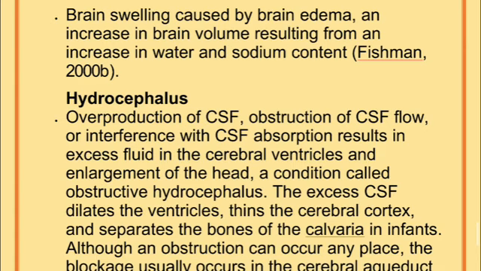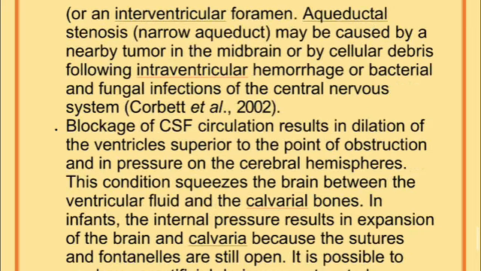Although an obstruction can occur at any time, the blockage usually occurs in the cerebral aqueduct. Aqueductal stenosis, that's narrowing of the aqueduct, may be caused by a nearby tumor in the midbrain. It could also be caused by cellular debris.